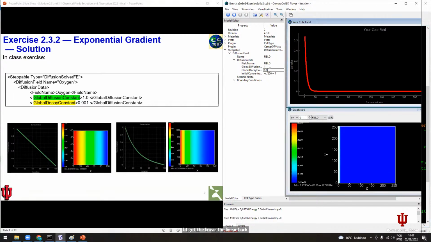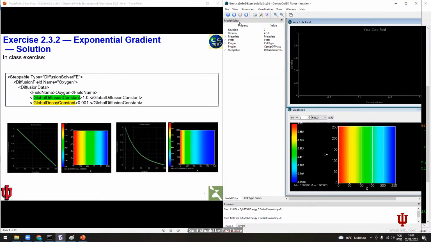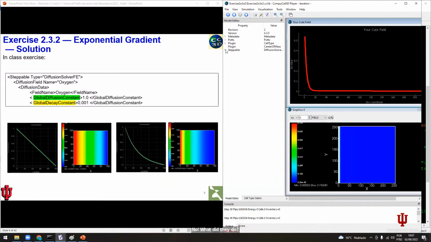So it should be float here. Diffusion data. Now global decay to 0. Enter and run.